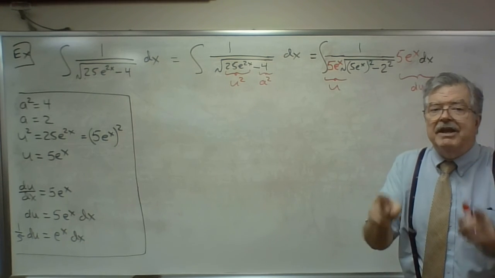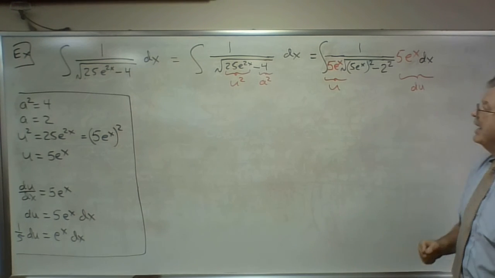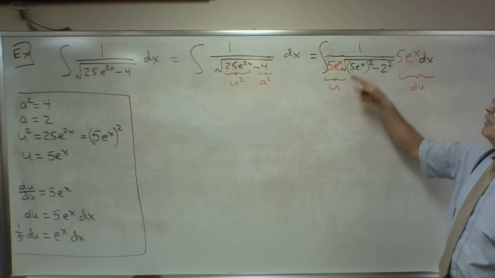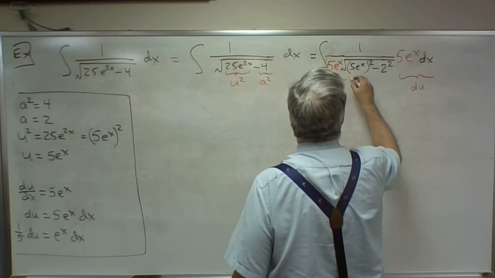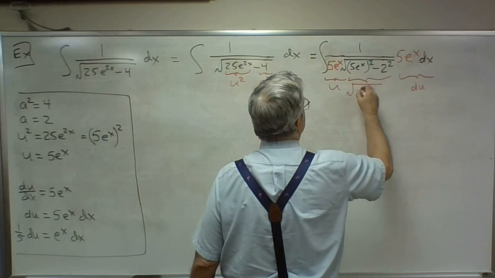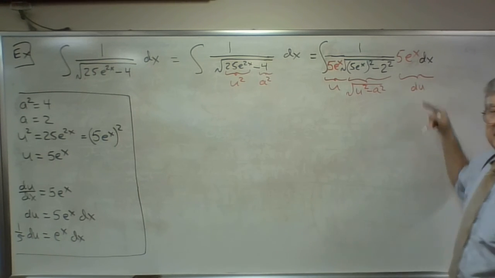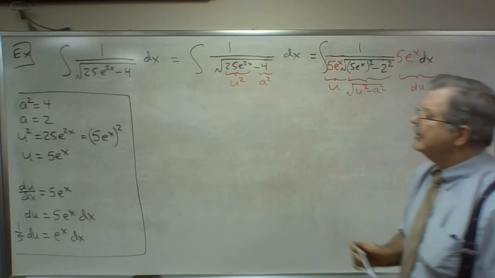I haven't changed the value at all. But through algebraic trickery, I now have 1 over u times square root of u squared minus a squared du. This is exactly what I have.